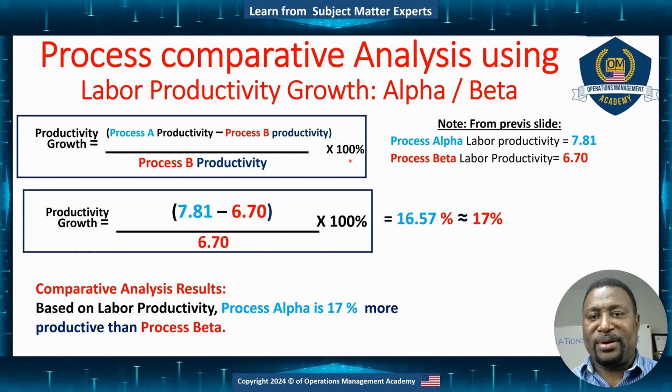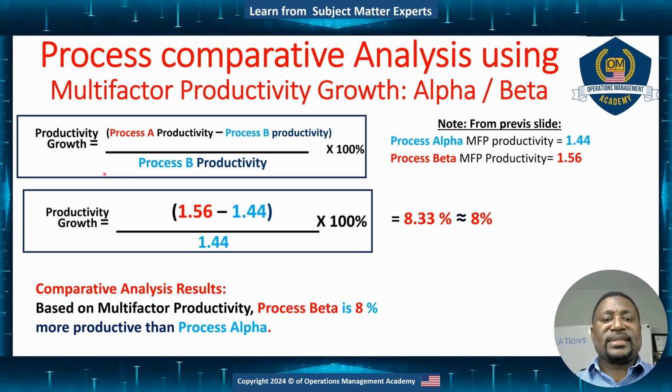Again, we multiply by 100%. Remember from the previous slide that labor productivity for alpha was 7.81 and for beta was 6.70. When we calculate productivity growth, we see that labor productivity for alpha is 17% more than that of process beta. So process alpha beats process beta when it comes to labor productivity.